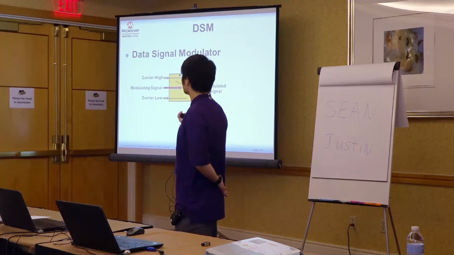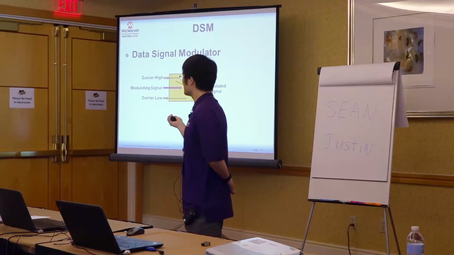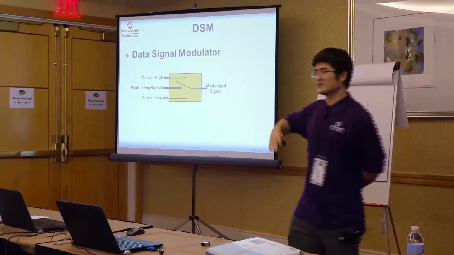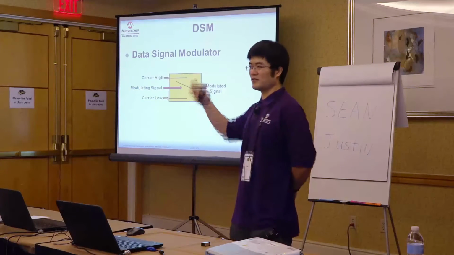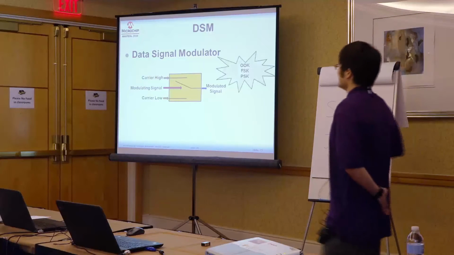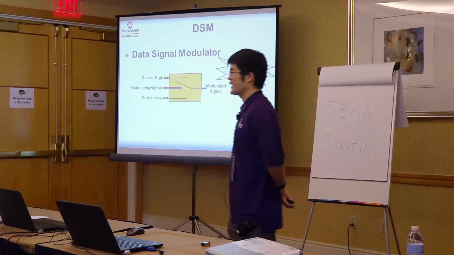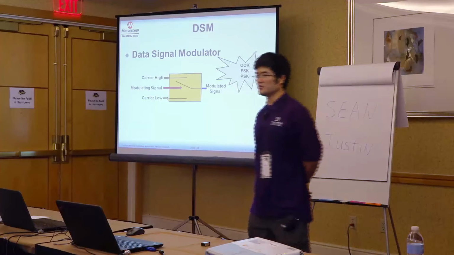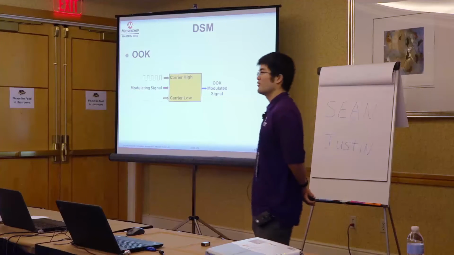All right, so in a nutshell, what's happening inside this is you actually have a switch. It's going to be either on the high side or the low side, depending on your modulating signal. If it's 1, then it's going to be on the high side. If it's 0, it's going to be on the low side. Make sense? That naturally serves as our FSK, OOK, and PSK modulating. And how do we do that?